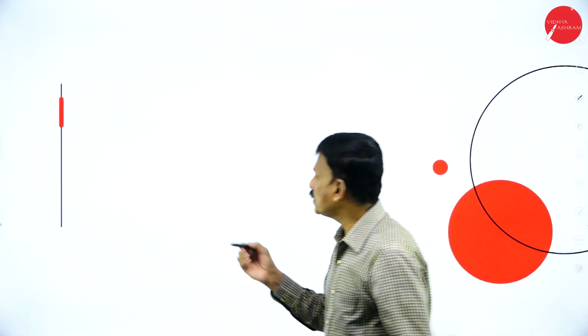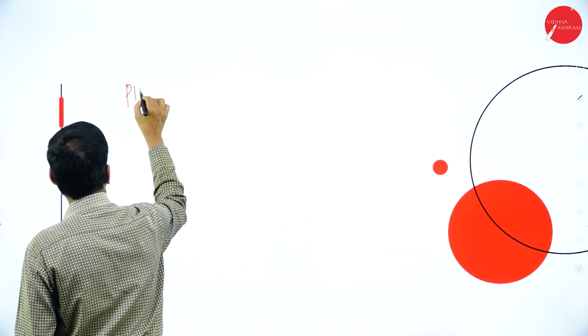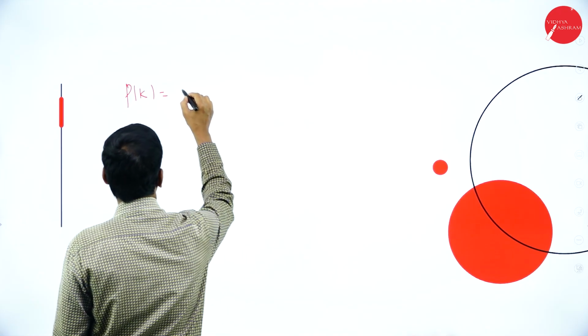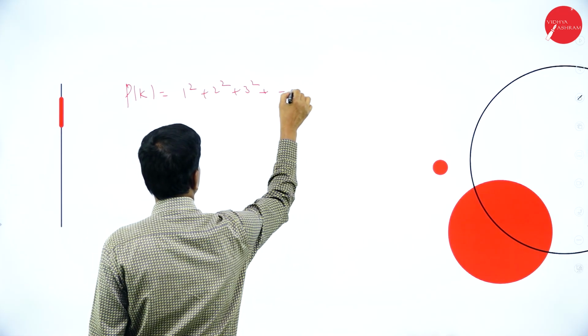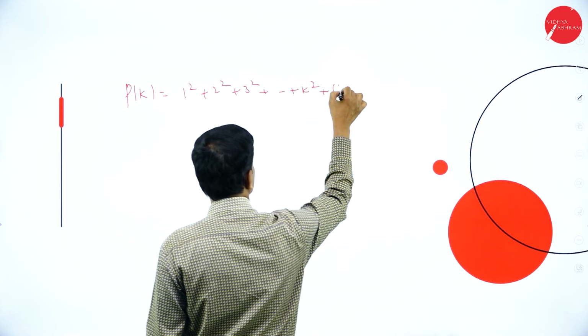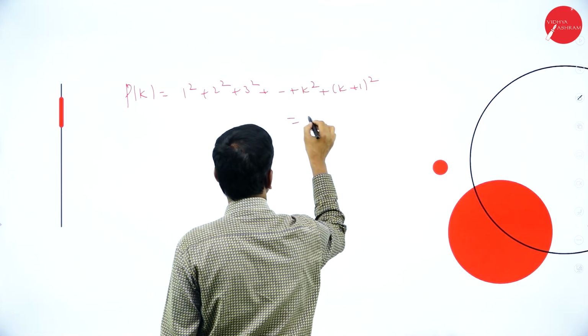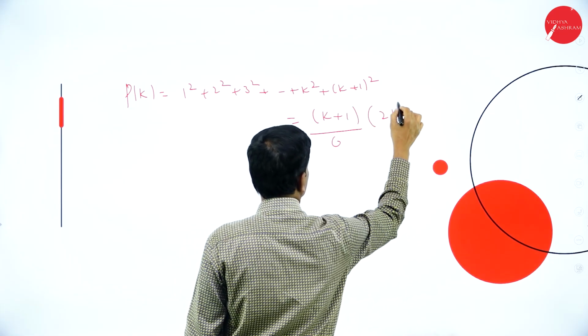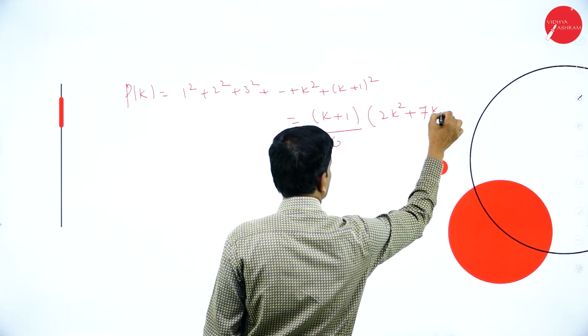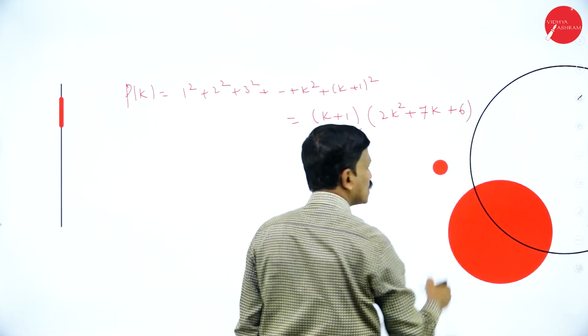Now therefore p of k is equal to what we got? 1 square plus 2 square plus 3 square plus etc., plus k square, plus k plus 1 whole square, is equal to, we got k plus 1 by 6 into 2k square plus 7k plus 6, right? Okay.